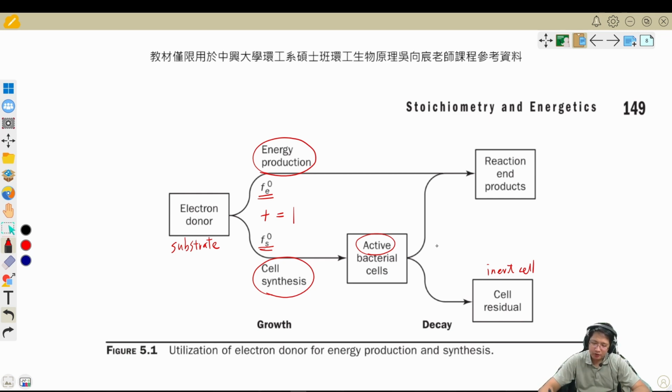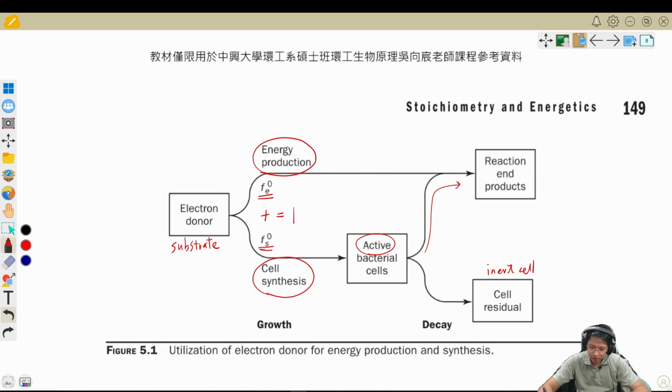Part of the activated bacterial cells generate a little energy for maintenance, or some reaction end products that may be used for another bacterial cell growth.